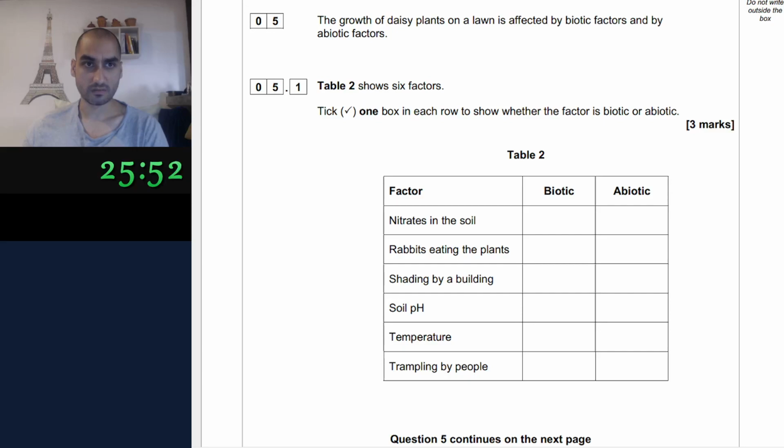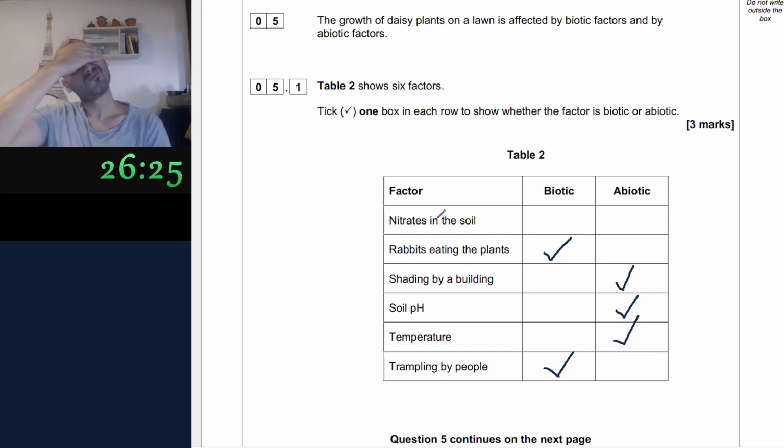So I would say nitrates in the soil. Not organisms. Alright, rabbits eating the plants, that sounds biotic. Shading by building, abiotic. Soil pH, abiotic. Temperature, abiotic. Trampling by people, biotic. Nitrates in the soil. Let's go with abiotic.